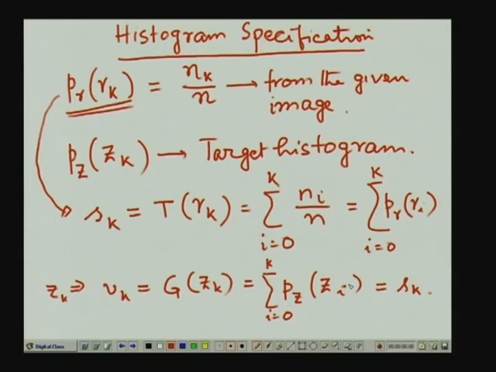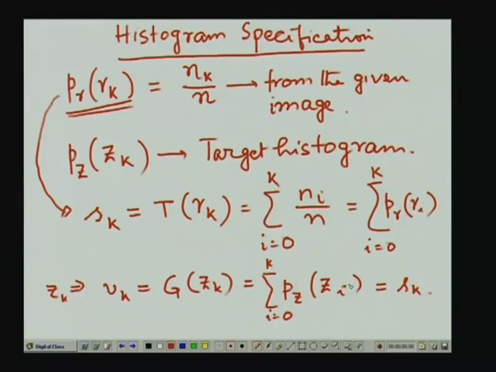Now, once I get this, to get the reconstructed or processed image, I have to take the inverse transformation. As we have defined, for this particular z_k, we have v_k = G(z_k), which is equal to s_k, and G(z_k) is computed in this form.